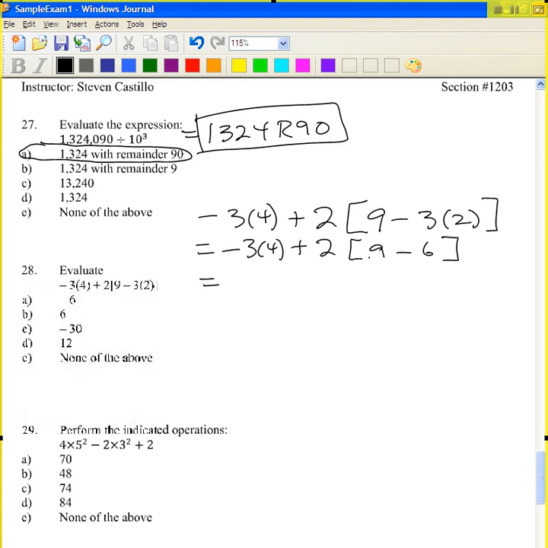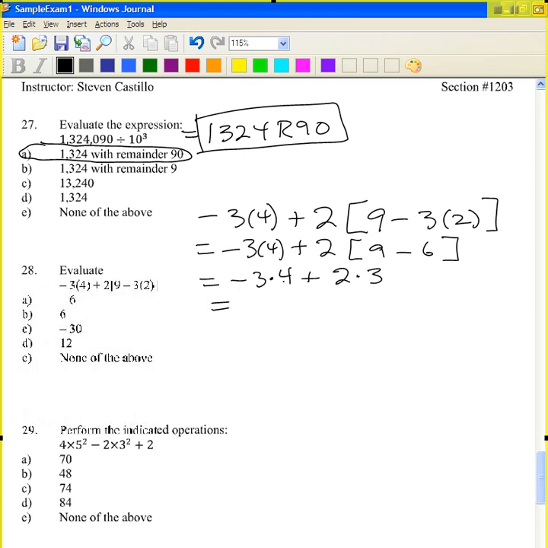Next, finish off doing what's inside the parentheses. So negative 3 times 4 plus 2 times, well, 9 minus 6 is 3. I have multiplication, addition, multiplication. So let's do the multiplications. Since there are two multiplications with the same priority, I go left to right.